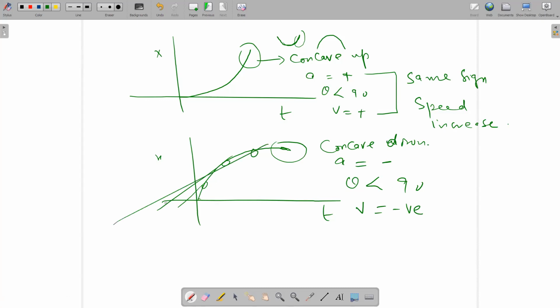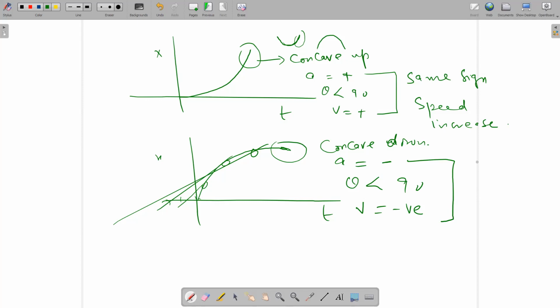So what will you decide? Same sign, is the speed increasing or decreasing? Same sign, the speed is increasing.